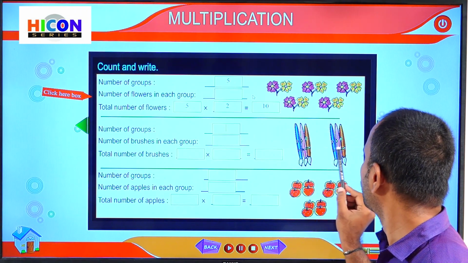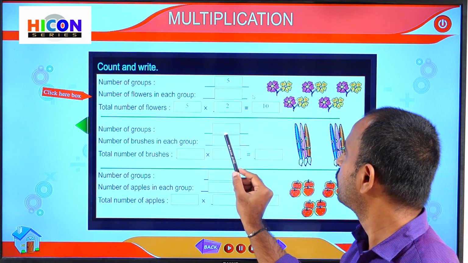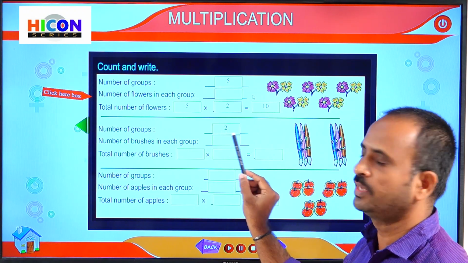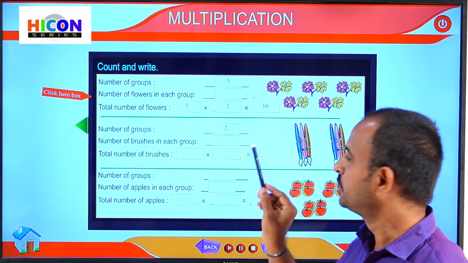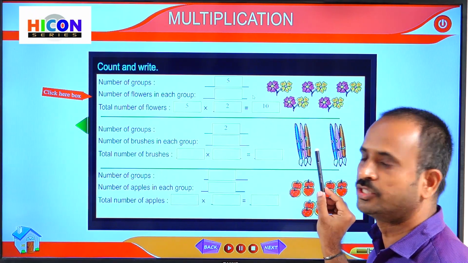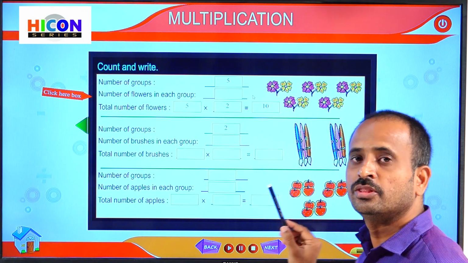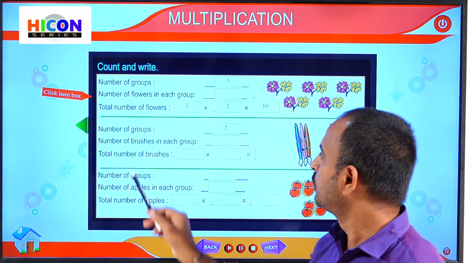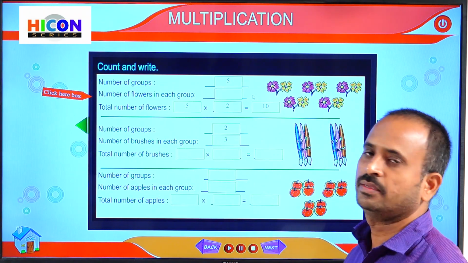So the number of groups is equal to 2. Write 2 here. And the number of brushes in each group: 1, 2, 3. So each group has 3 paint brushes.